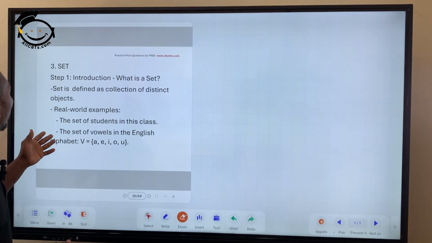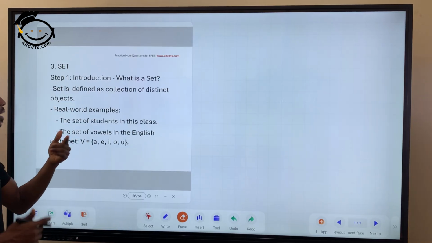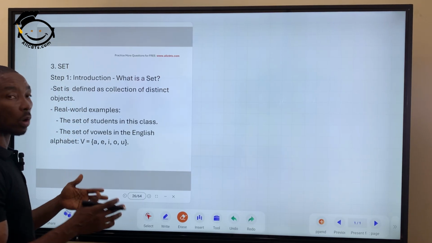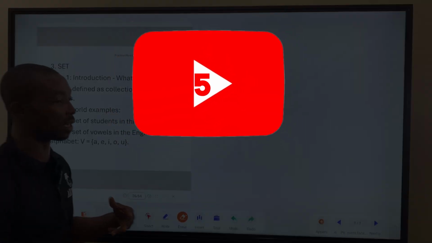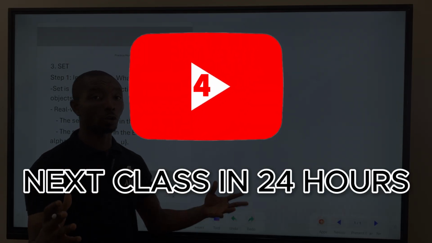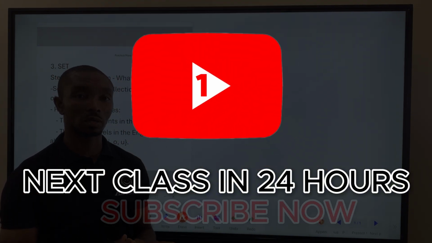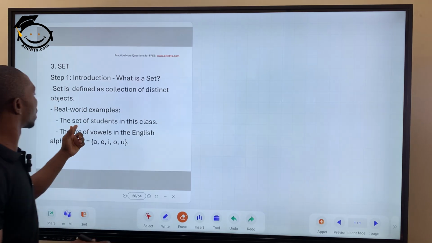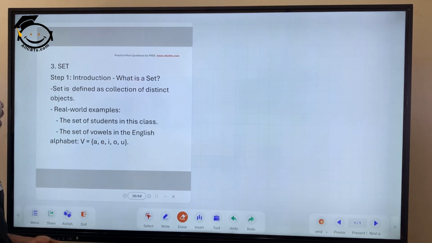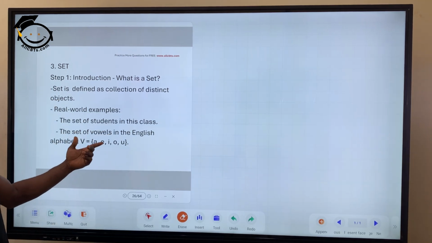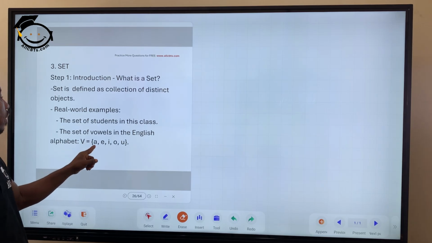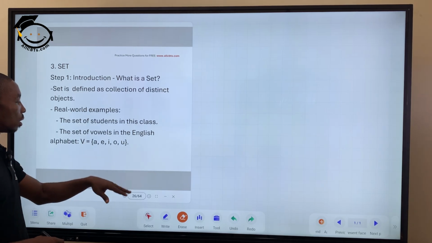Now, a set of students in a class, where we have a mixture of both boys and girls. Generally, they are all humans, but all in one class. So we can decide to use the set of students in the class, or the set of vowels in the English alphabet, where we have A, E, I, O, U.